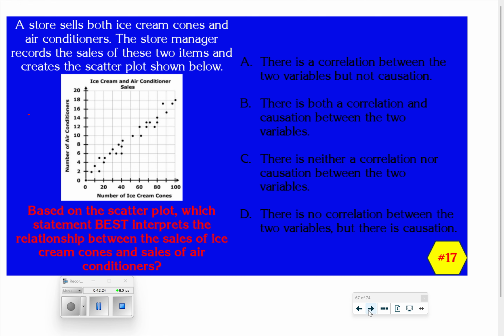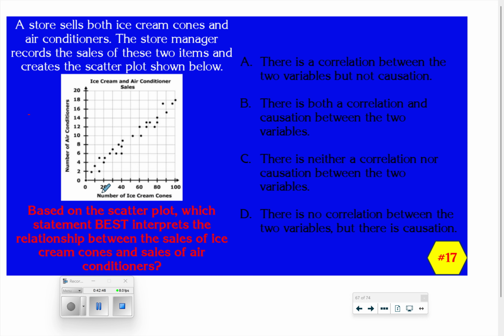So let me explain what correlation and causation means. Correlation means that you have, in this case, two variables that are moving in the same direction. As one increases, the other increases, or they actually move similarly, or we might have one increase and the other decrease.